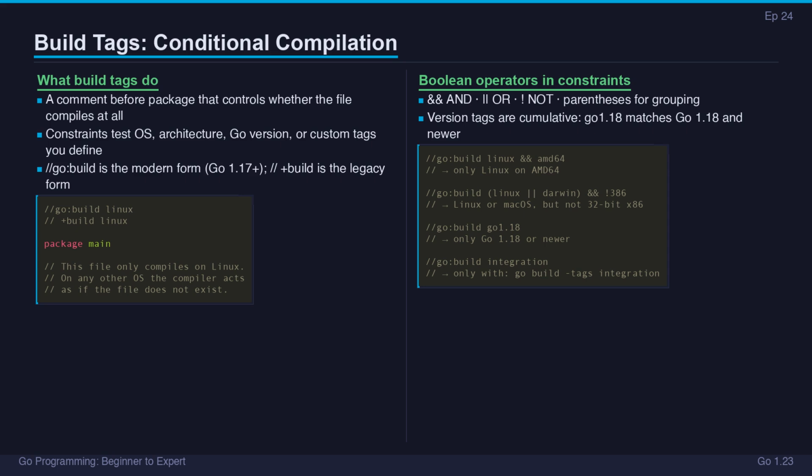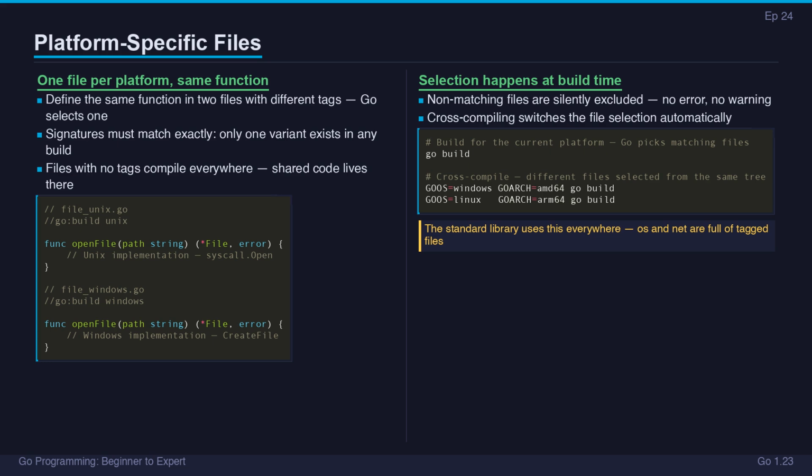So linux && amd64 means Linux on AMD64 only. (linux || darwin) && !386 means Linux or macOS, but not on 32-bit x86. And go1.18 means Go 1.18 or newer. Version tags are cumulative.